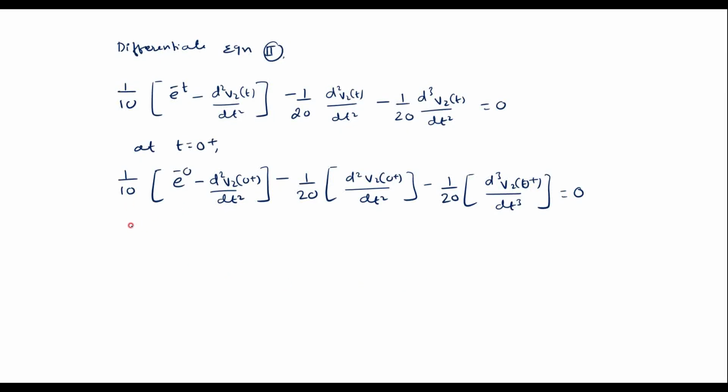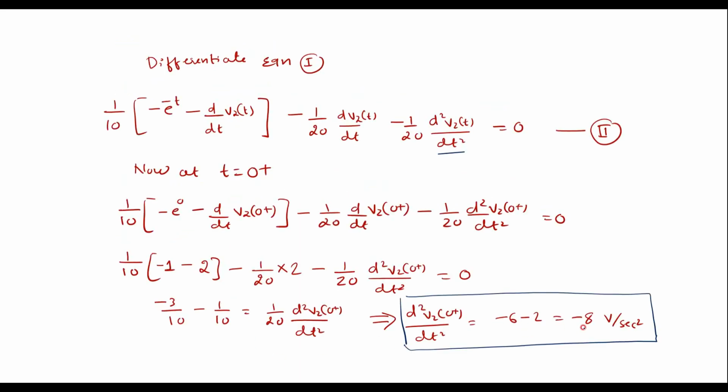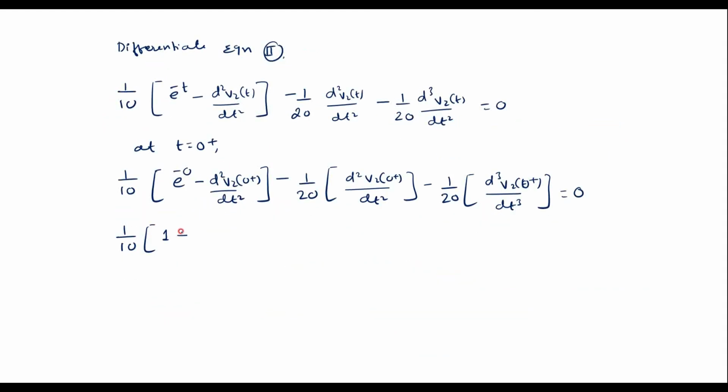Now substitute the values. 1 over 10 e power 0, its value is 1, minus d square v2 of 0 plus by dt square, which we have already found is minus 8. So minus minus becomes plus 8, minus 1 over 20 times minus 8, minus 1 over 20 d cube v2 of 0 plus by dt cube is equal to 0.